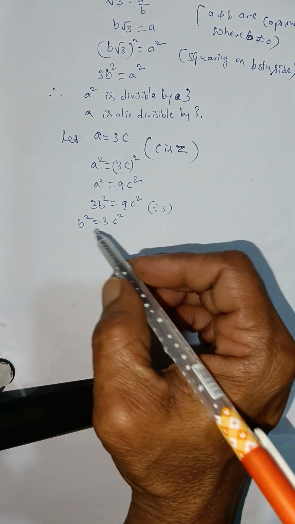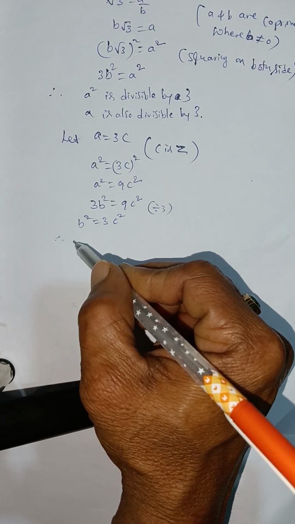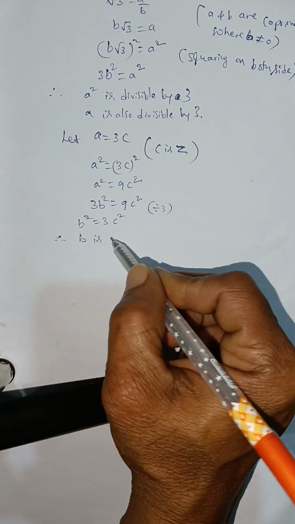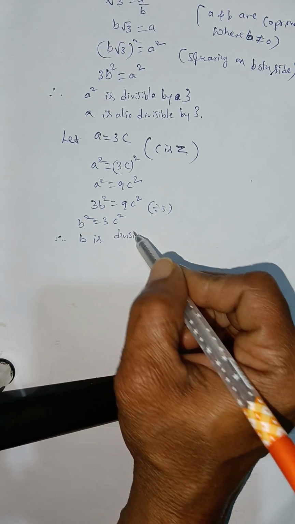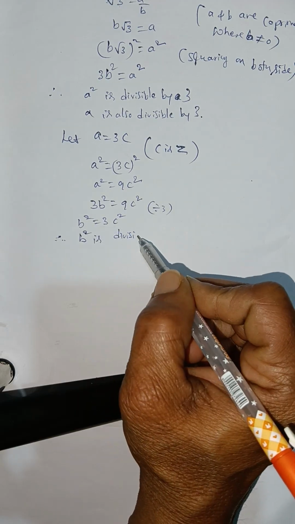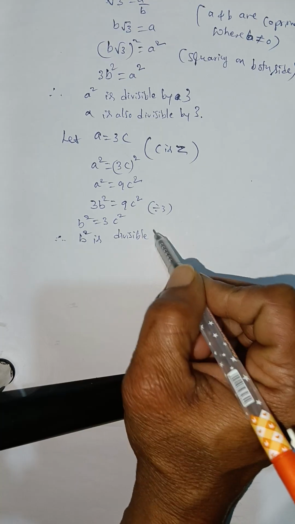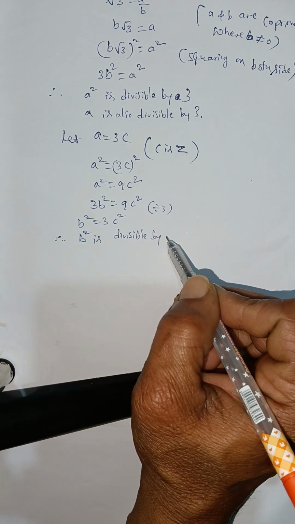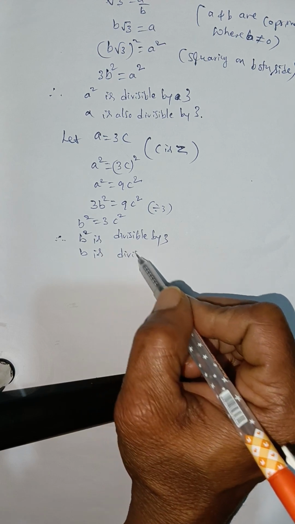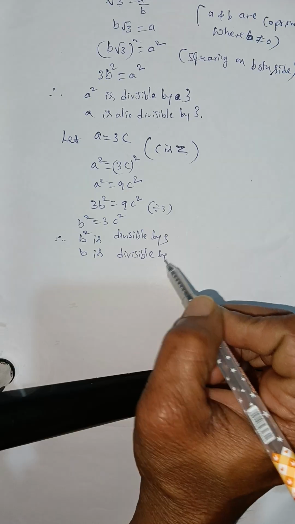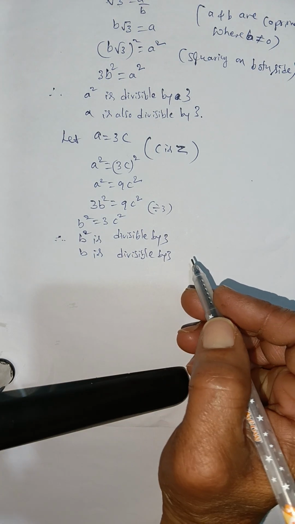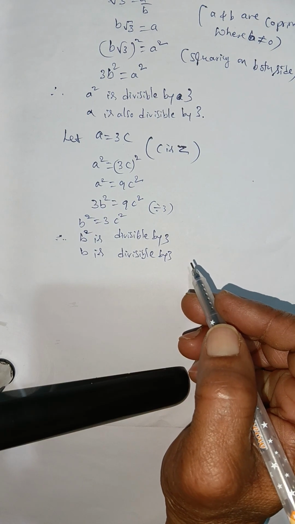Therefore b square is divisible by 3, so b is also divisible by 3. So by using the theorem.